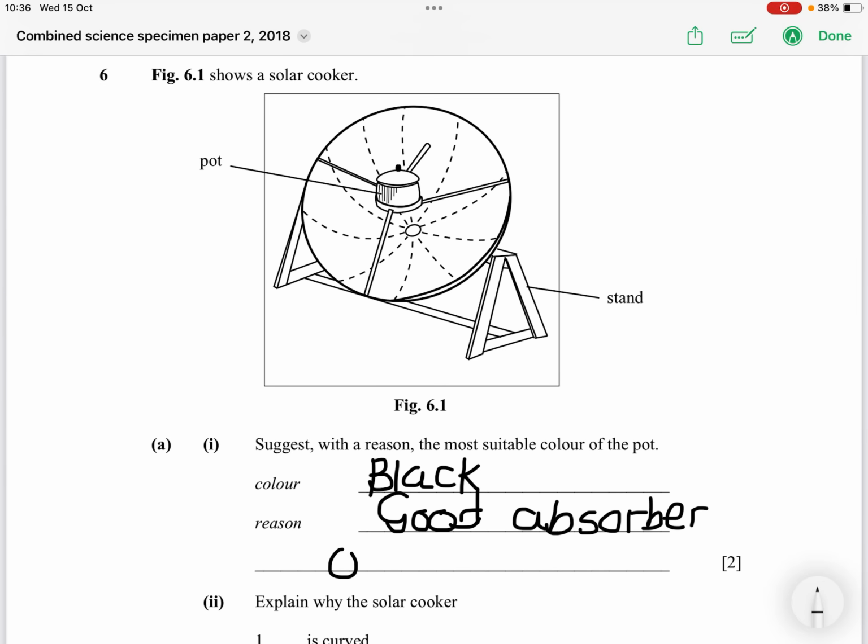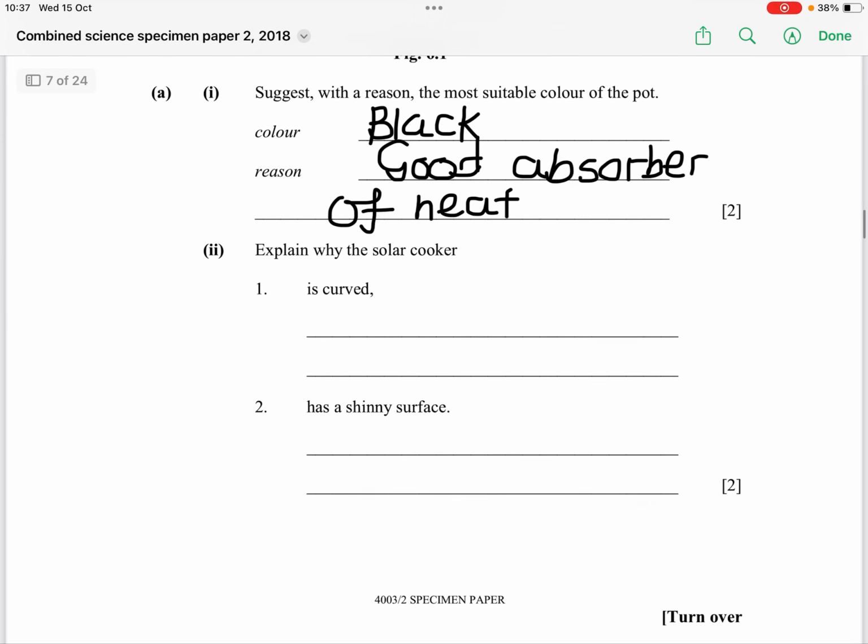Black color is a good absorber of heat. So the reason we selected black is because we can get the maximum heat energy from the sun. It can be absorbed and food is heated up for cooking.